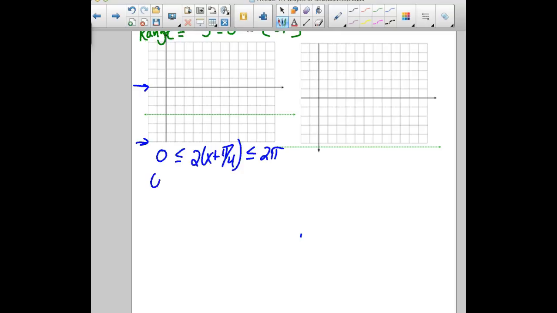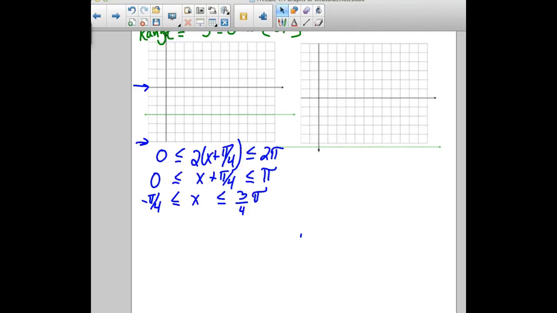Well, 0 divided by 2 is still 0. If I divide this middle chunk by 2, I just get the x plus pi/4. And divide the end here on the right by 2, I get 1 pi. Now I can subtract a pi/4 from both ends. What's pi minus pi/4? Okay. Is that still a span of 1 pi? From -1/4 to +3/4 is a span of 4/4, okay?